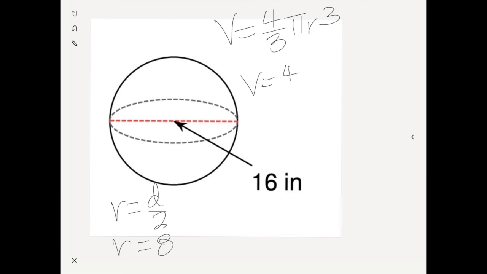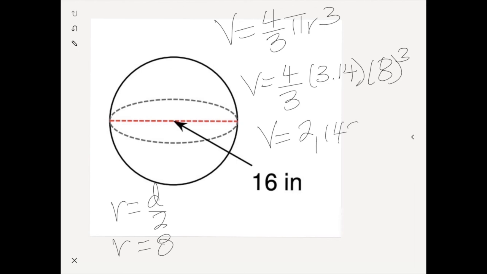So we're going to have 4/3 times 3.14 times 8 times 8 times 8. If I'm rounding to one decimal place, 2,143.6 inches cubed. Always include your units. And that is it, folks, for circles.